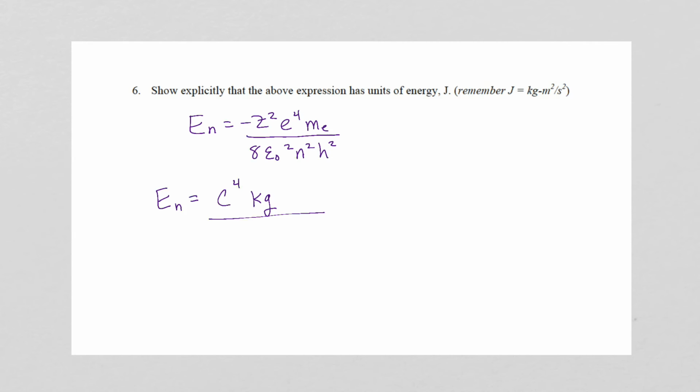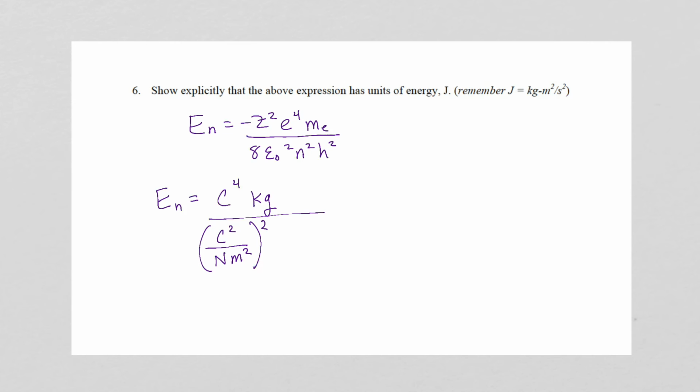If we look down below, units on our permittivity of free space, epsilon naught, are coulombs squared per Newton meter squared. But then that is squared.